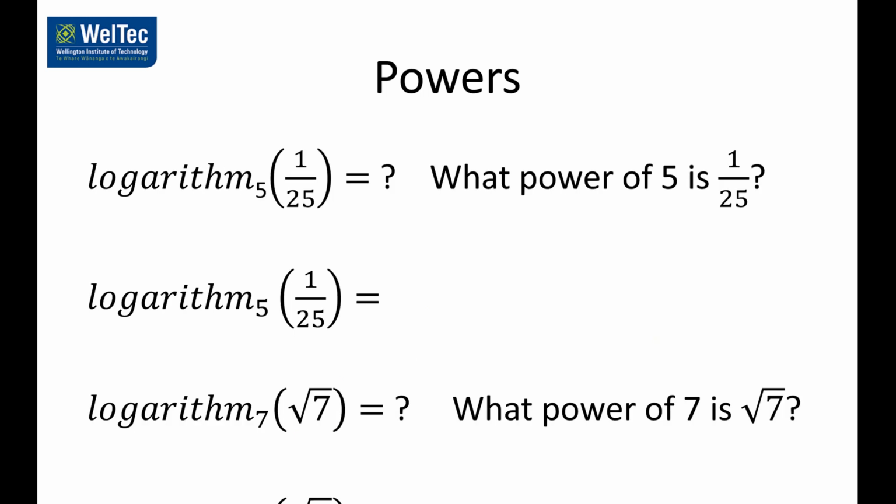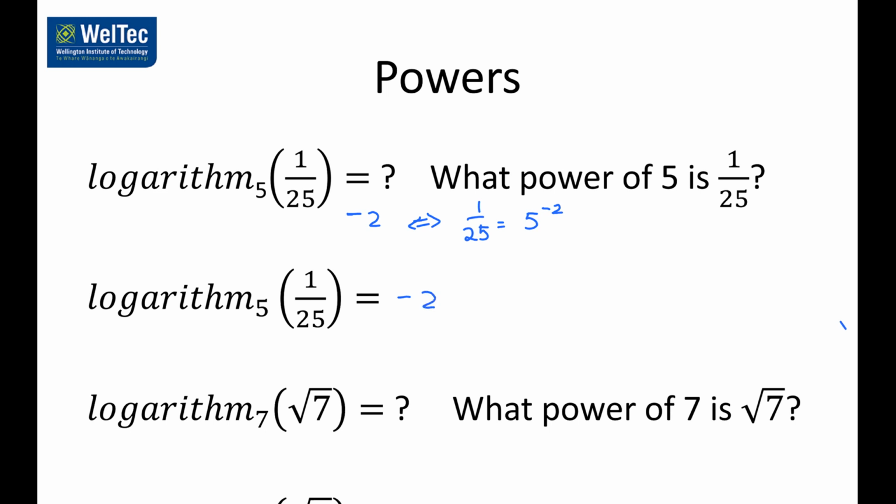Logarithm to base 5 of 1 over 25 is something. We know that it's going to be -2, because what we do know is that 1 over 25 equals 5 to the power of -2. So log to the base 5 of 1 over 25 is -2.